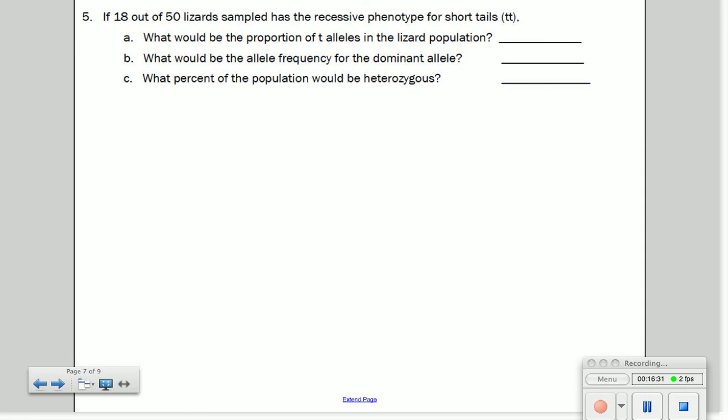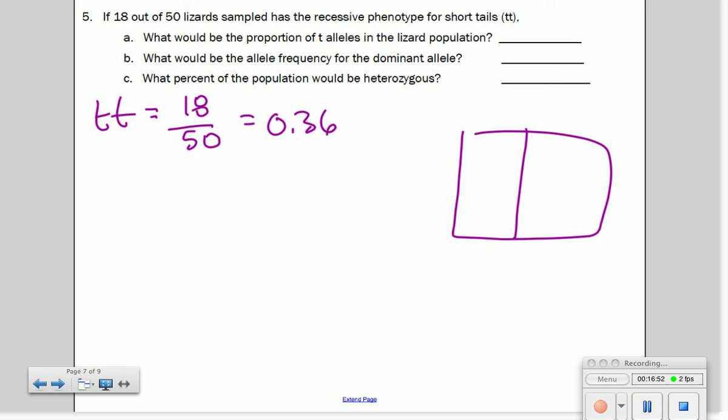Looking at lizards. 18 out of 50 had the recessive phenotype for short tails, little t, little t. Okay, so if I write this information down, I got 18 out of 50. That means little t little t is 0.36. So here's my Punnett square.